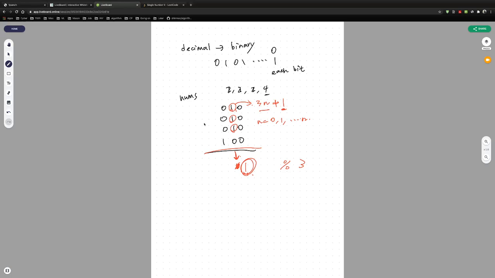So there are only two possibilities on each bit.